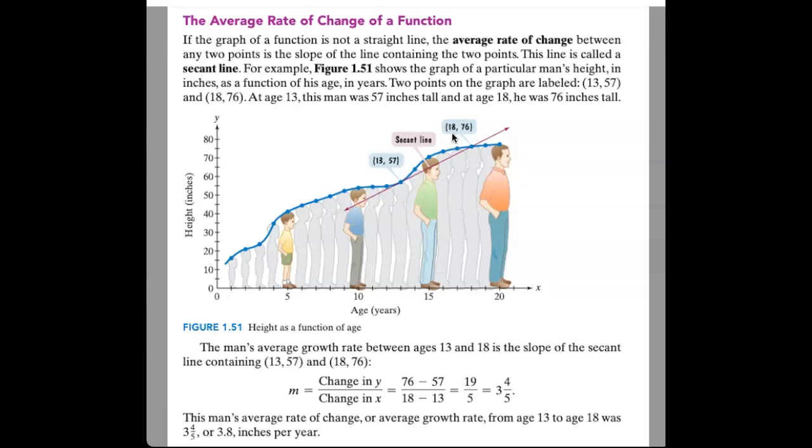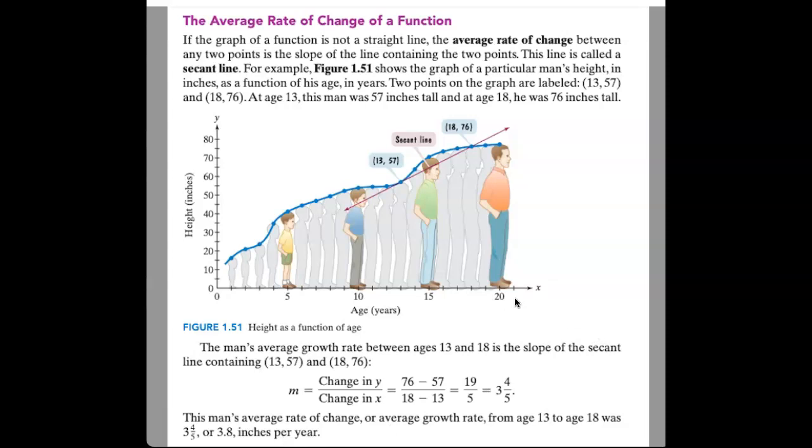And the x value is 18 minus 13, which is 5. Now, what this average rate of change tells us is within the snapshot of 13 years to 18 years, the man is growing about 3 4/5 inches per year. That's what the average rate of change tells us.